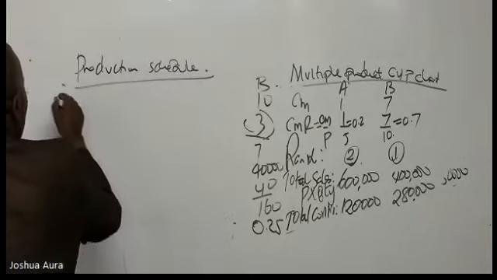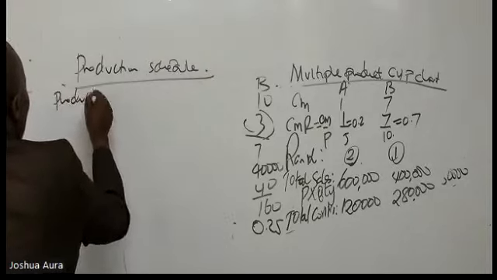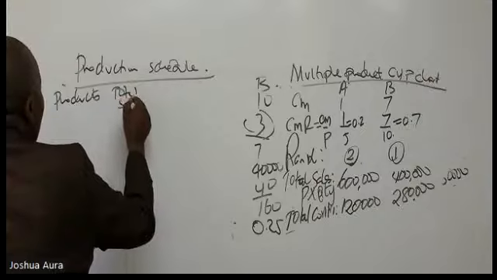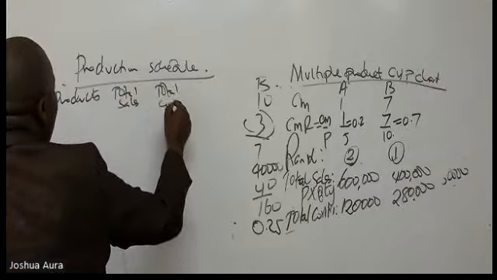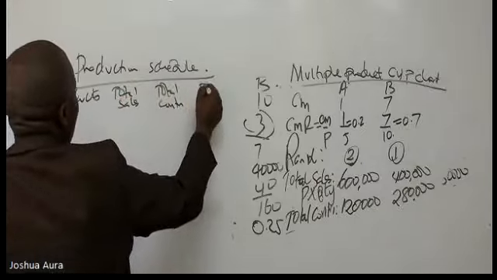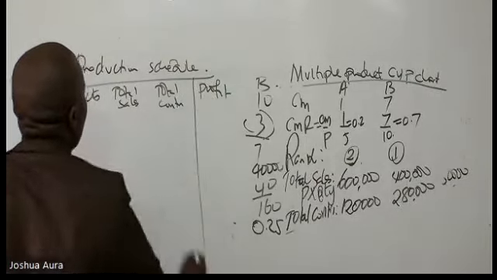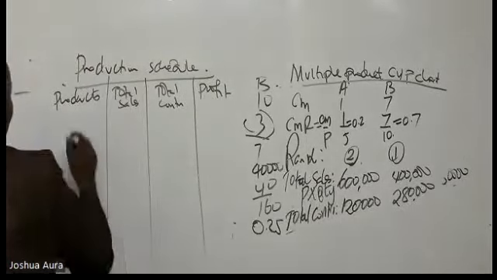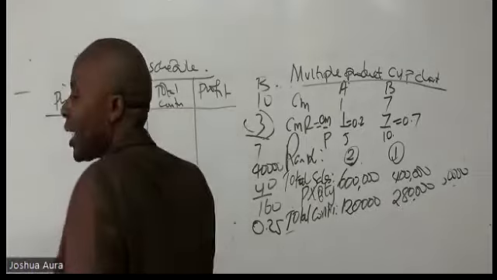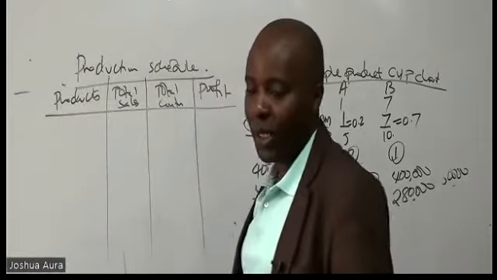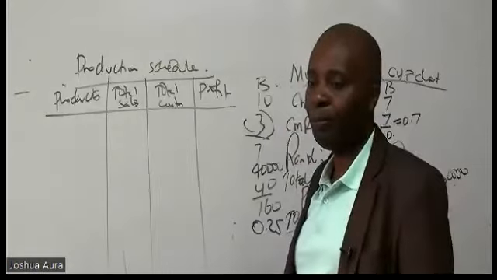In this case we have products, total sales, total contribution, and then profit, just like that. Very easy like that. I love it when it's a two-product case.